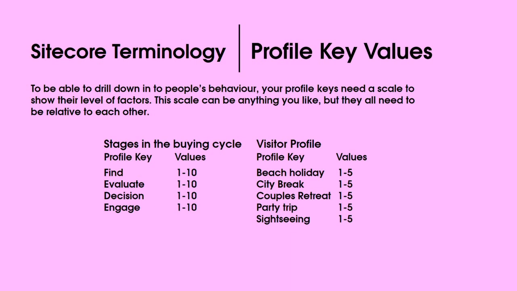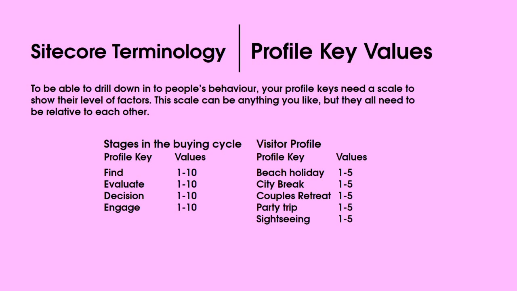So you'll see a radar chart of that. And likewise, if I'm going to the Bahamas, it'll be probably 5 on beach holiday, 0 on city break, couples retreat maybe a 3 or a 4, maybe a 5. Depends if you go to the Bahamas by yourself or taking kids, I don't know. Probably not a party trip and certainly not a sightseeing trip, so that'd be really low.